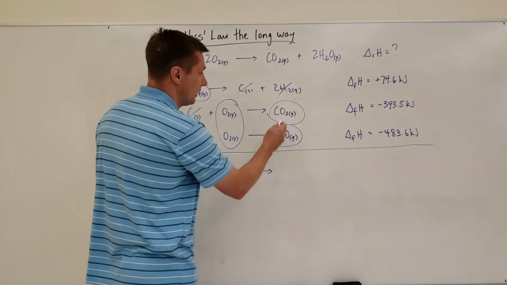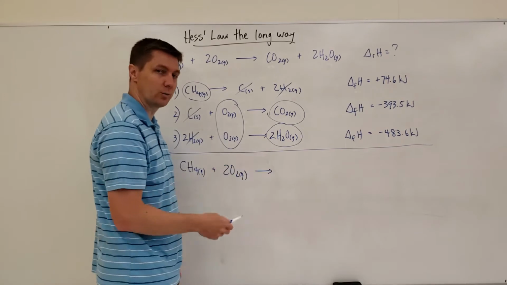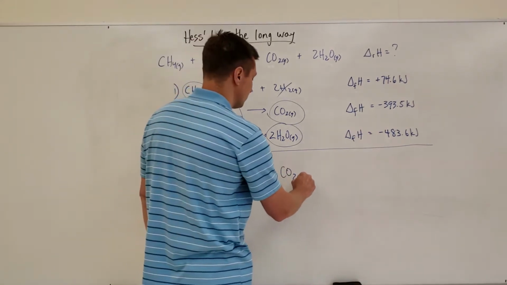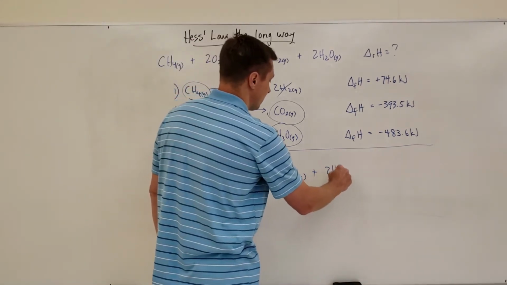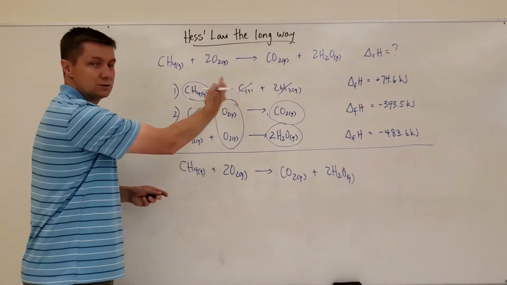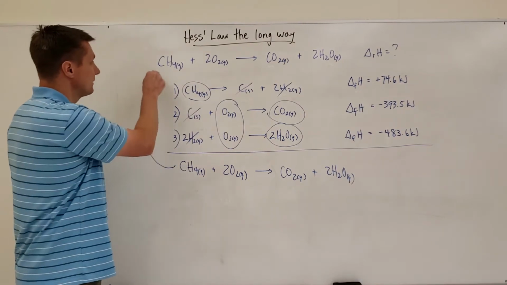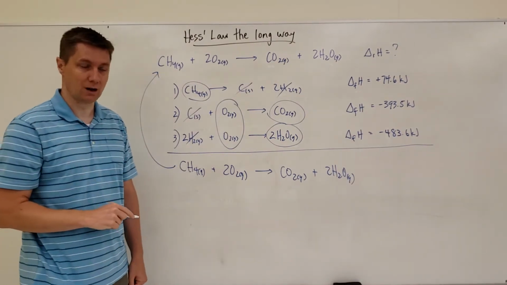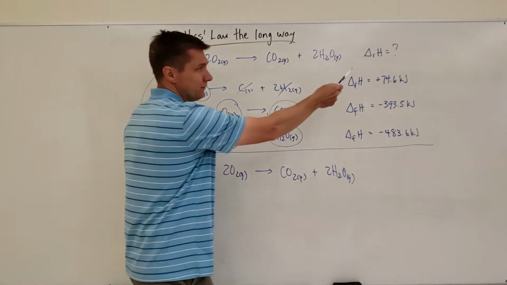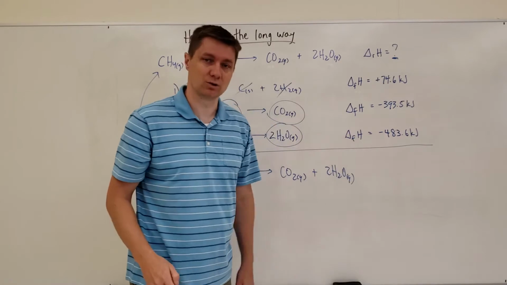You can see that I've got 1 carbon dioxide on the product side and 2 water vapors on the product side. So I'll write those out as well. And you can see that by using these 3 reactions here, I've been able to perfectly rebuild this reaction that we started with up here at the top. And now, to solve for this right here, all I have to do is add those numbers up together.